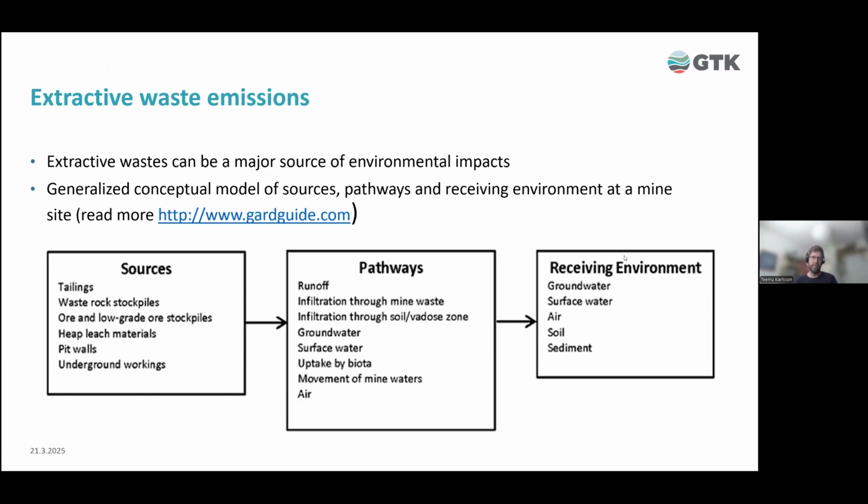The main sources are the extractive waste facilities, tailings ponds, and waste rock piles, basically. The main means of transportation is water. So drainage: first the rain goes through the waste material and drains to the environment, to groundwater or to surface water.